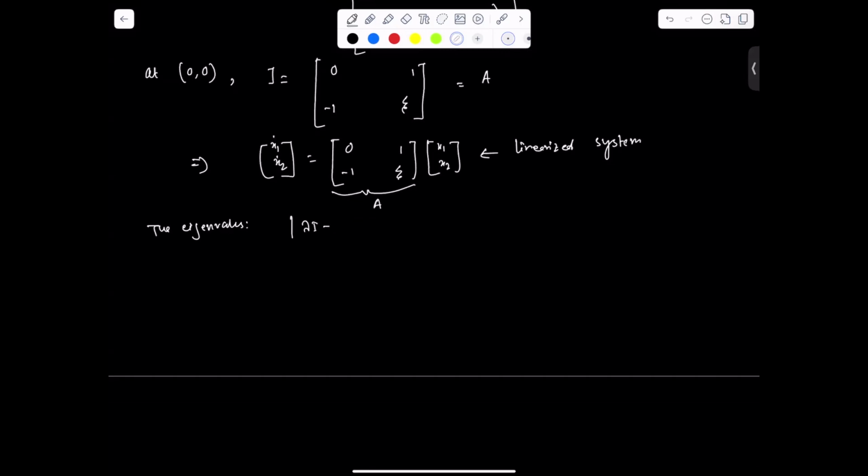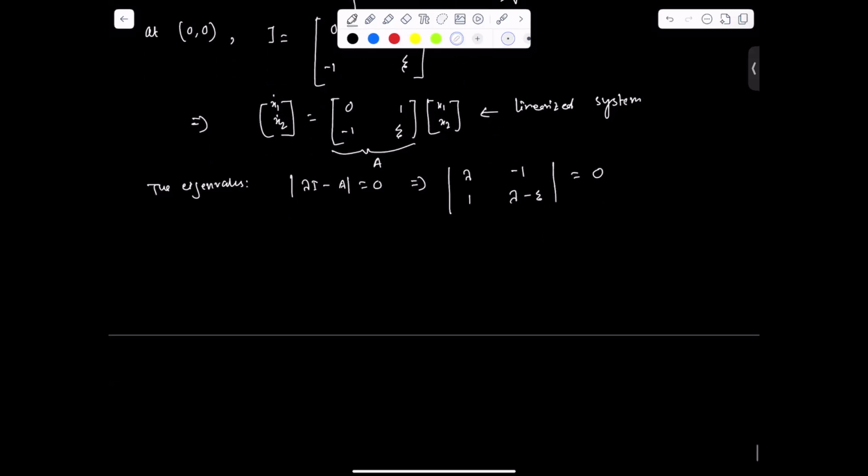The determinant of lambda I minus A equal to 0, and the characteristic equation will have lambda, minus 1, 1, and lambda minus zeta, equal to 0. The characteristic equation is lambda squared minus zeta lambda plus 1 equal to 0.